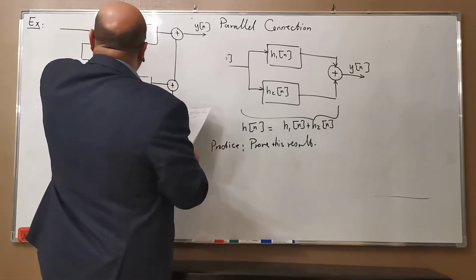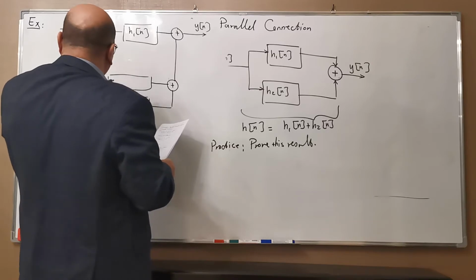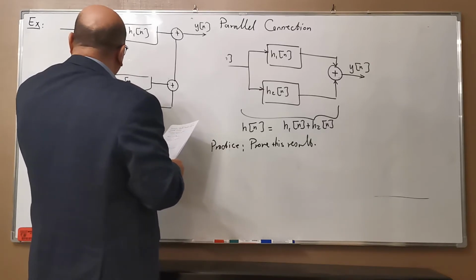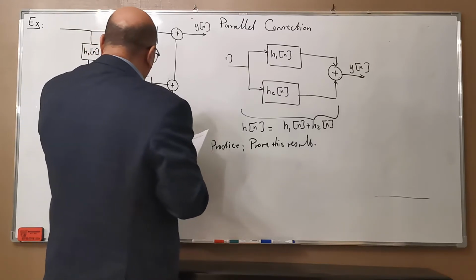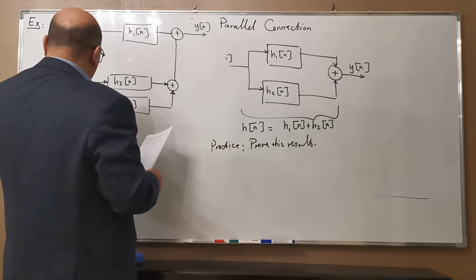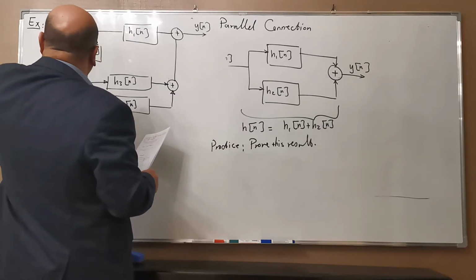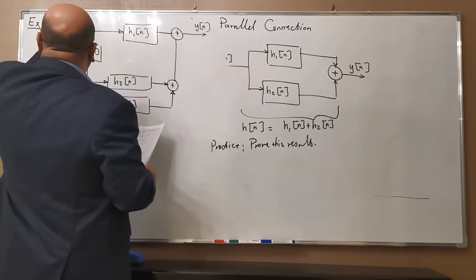This is h1 of n, h2 of n, h3 of n, h4 of n, and we have here x of n.